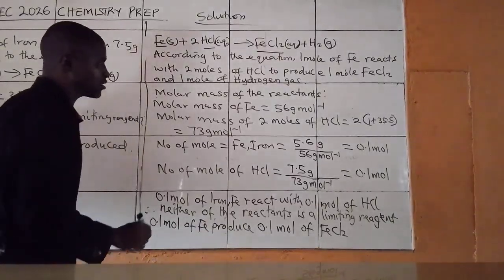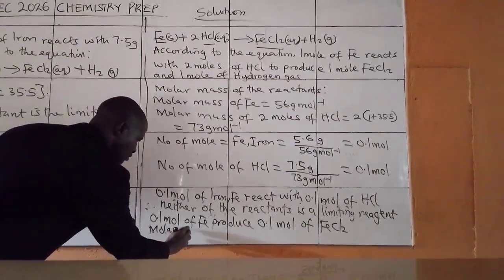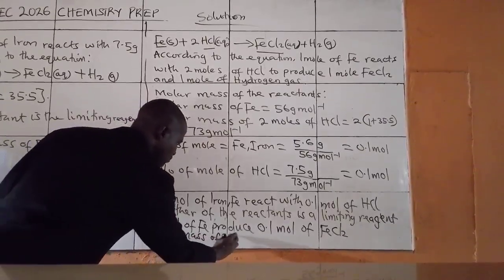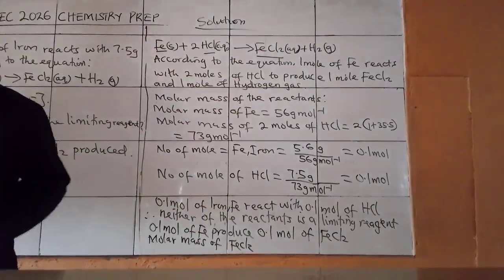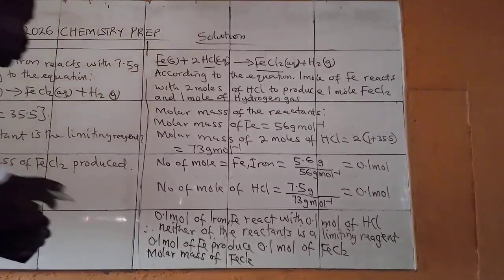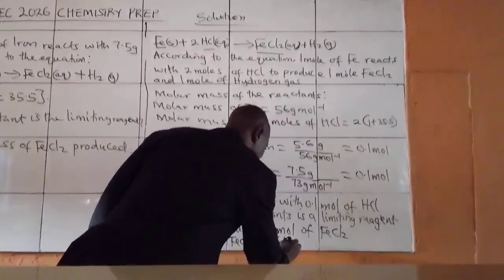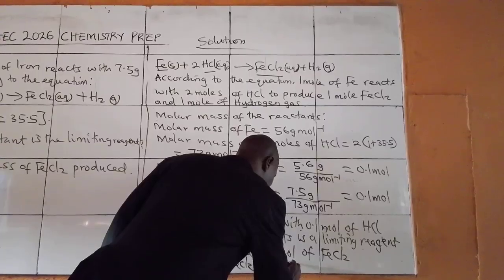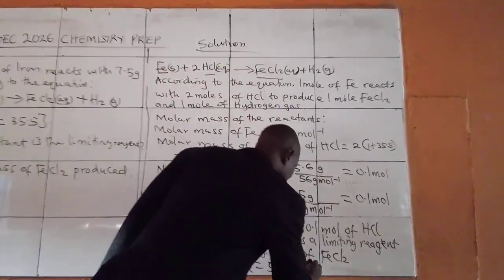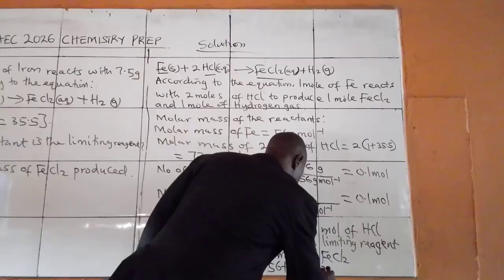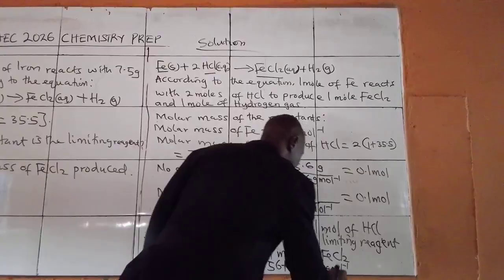Now we need to calculate the molar mass of iron(II) chloride. Molar mass of iron(II) chloride is equal to 56 plus 71, which is equal to 127 gram per mole.